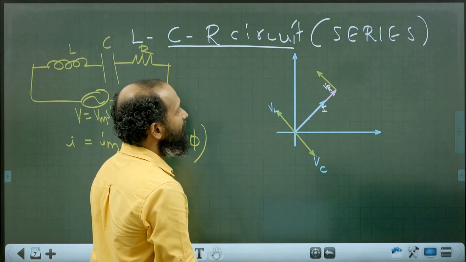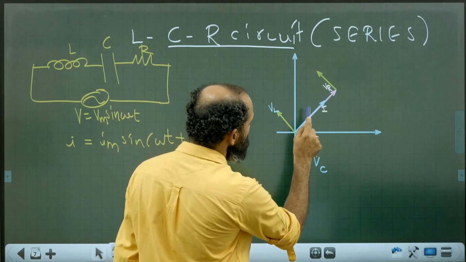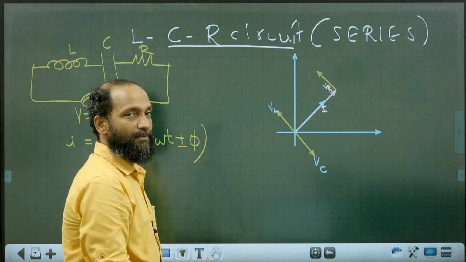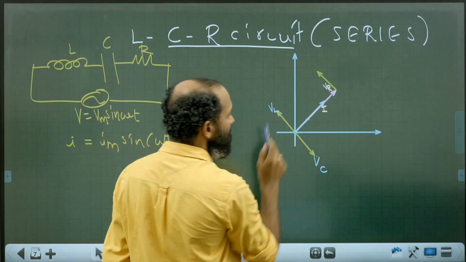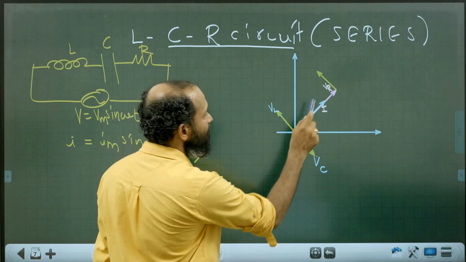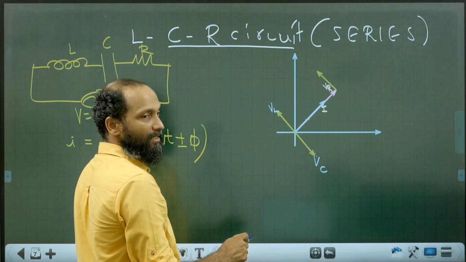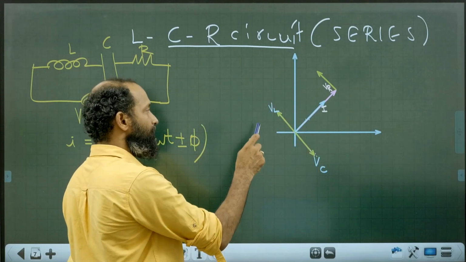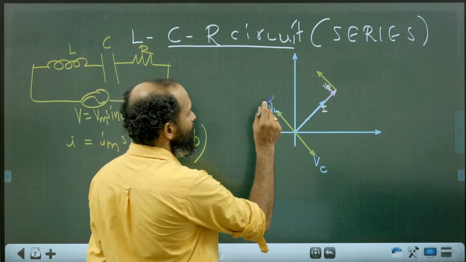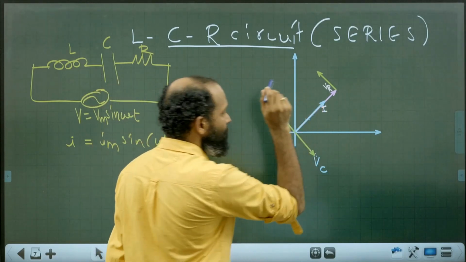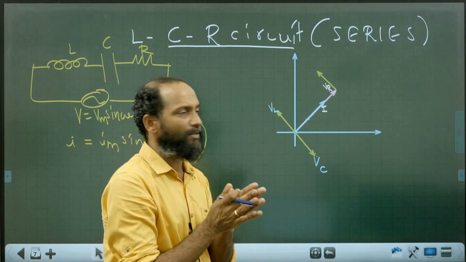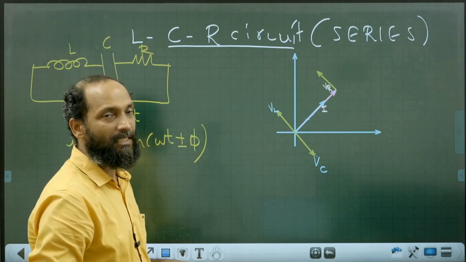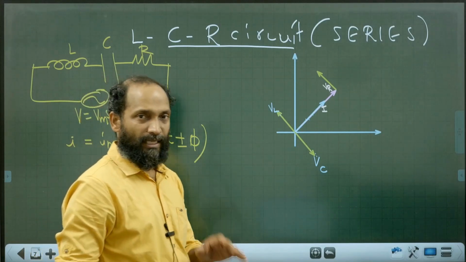What is the phase angle between voltages across resistor and capacitor? 90. Which one leads? Voltage across resistor leads. What is the phase angle between current and voltage across capacitor? Pi by 2. Which is leading? Capacitor current. Voltage across inductor and current, phase angle 90. You can see that phase angles you can directly read from this diagram. So this diagram is very important.